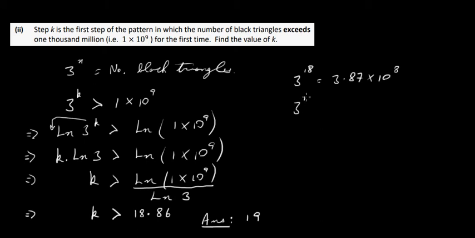If you do 3 to the power of 19, on the other hand, you get 1.16 by 10 to the power of 9. So when our k here is 19, we do get a number greater than 1 by 10 to the power of 9. We get 1.16 by 10 to the power of 9. Okay, so let's move on.